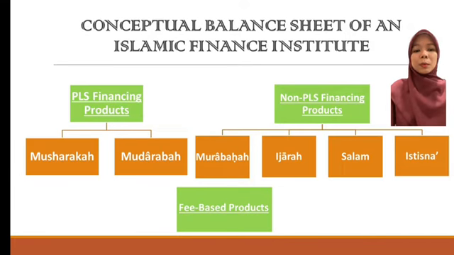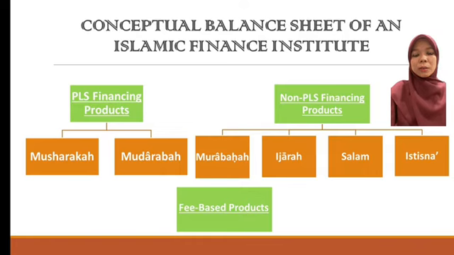For fee-based products, Islamic banks offer a wide spectrum of fee-based services using three types of contract, which are wakalah, kafalah, or ju'alah. They are usually auxiliary to the main murabahah and mudarabah transactions.